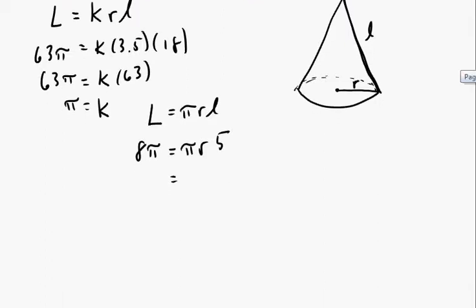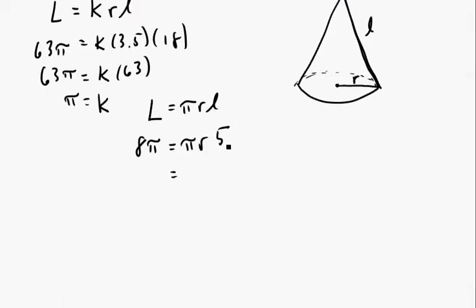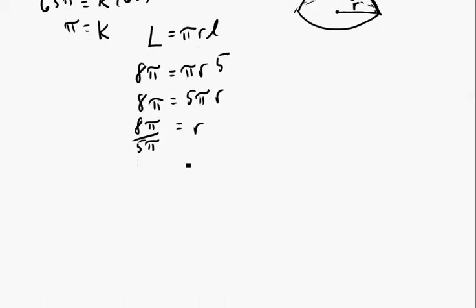Now, if we rearrange the right side, pi times r times 5 is the same thing as 5 pi times r. And if 5 pi times r equals 8 pi, that means r will be 8 pi divided by 5 pi, which is the same thing as 8 fifths. So r equals 8 fifths.